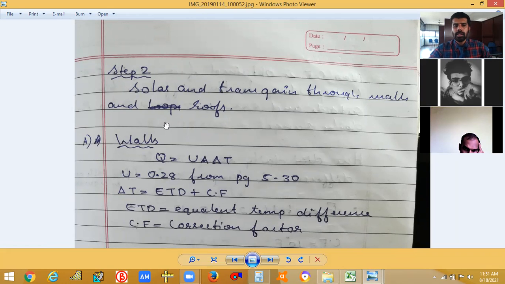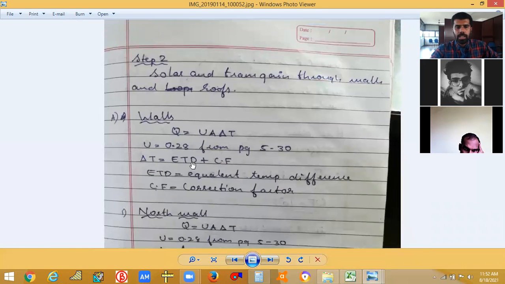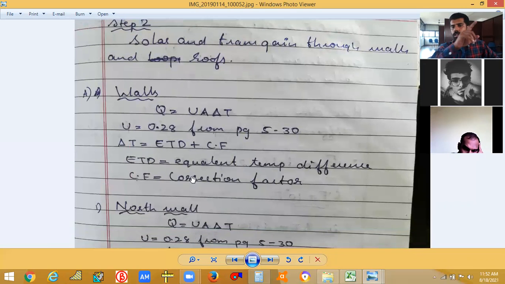So you got the U value. You need area and you need delta T. Area of the wall, you can calculate, provided that you reduce the windows area.